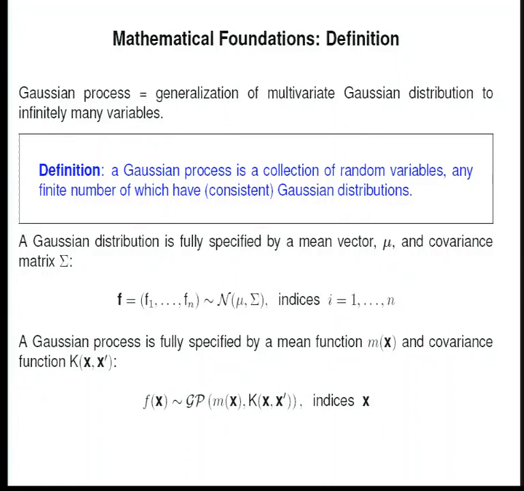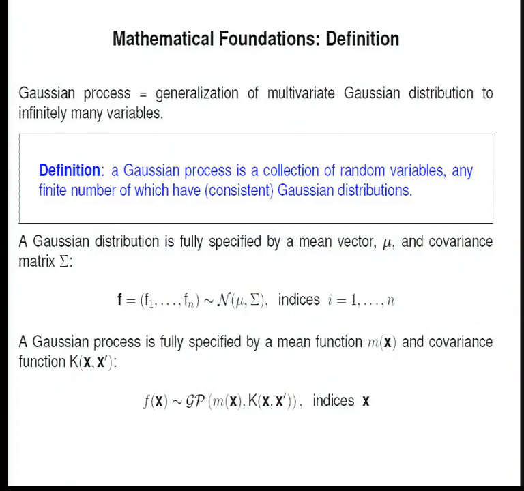We can't have 2 variables which are extremely correlated, a third variable which is extremely correlated to one of those 2, and then not have a strong correlation with the one we left out, for example. Does that make sense? So you can't have inconsistent sets of Gaussian distributions coming out of the Gaussian process by construction.